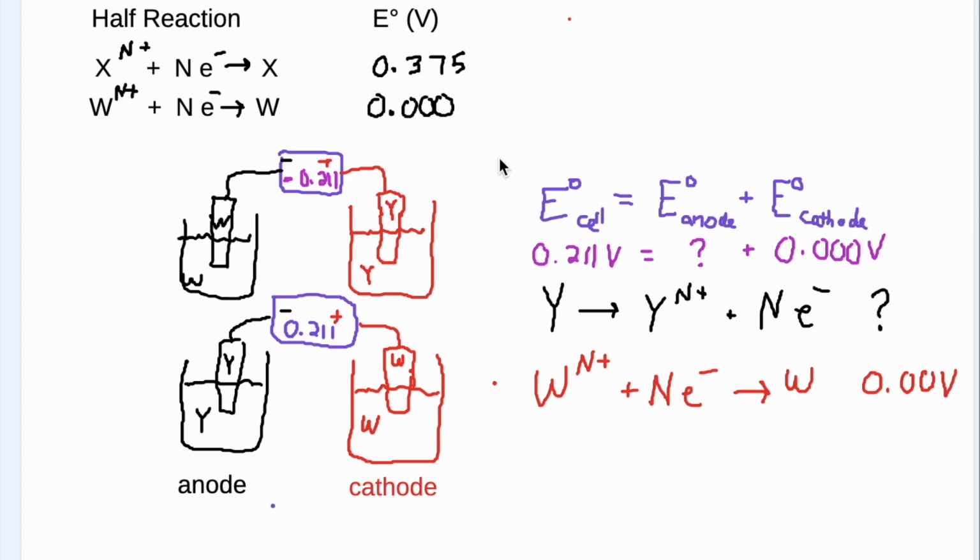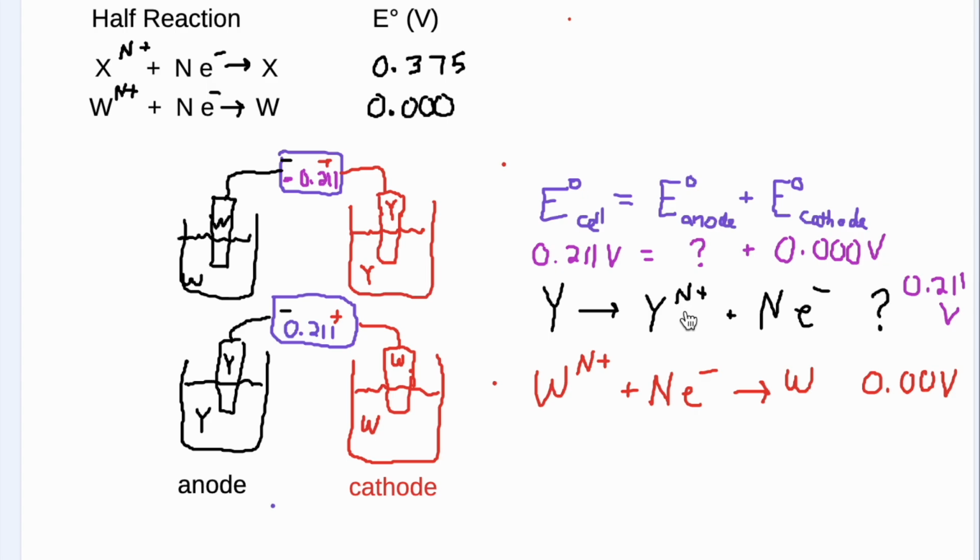And then we have that the potential for the cell is equal to both of the half reactions, the anode and the cathode. We know the cathode one this time is the 0 volts, and so we have this question mark, and that ends up being a pretty easy algebra problem to solve. So this question mark actually equals 0.211 volts. So that is for this reaction over here.